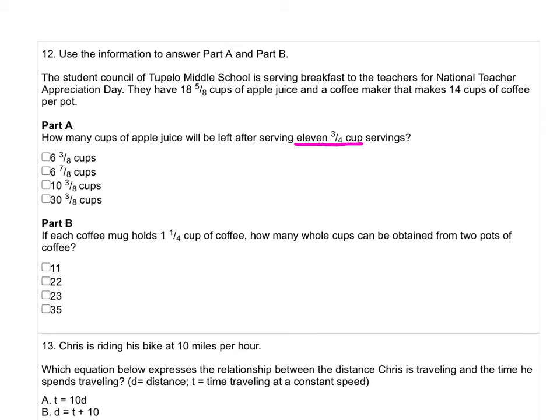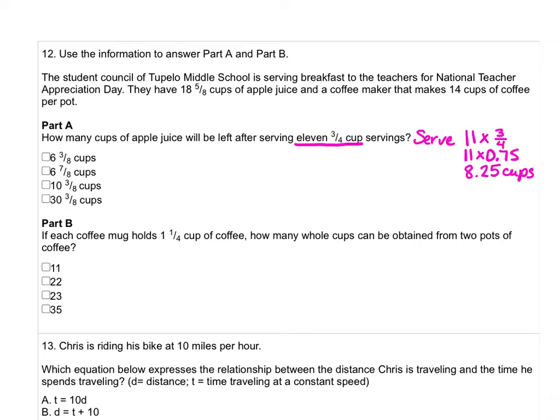So they're going to serve 11 times 3/4. Now, I could work with fractions, but since this is a terminating decimal as a fraction, I'm going to go ahead and change it to a decimal. And 11 times 0.75 is 8.25. So they served 8.25 cups.